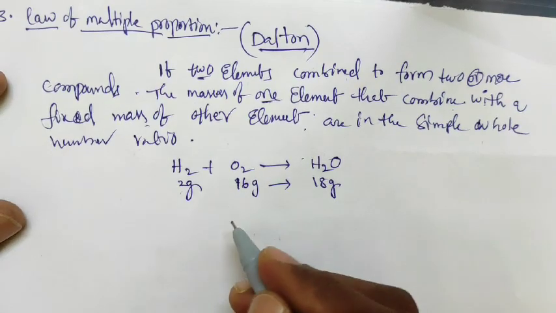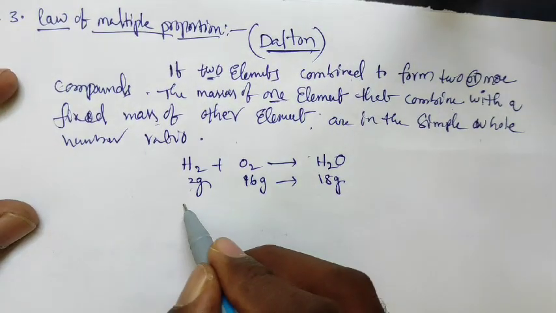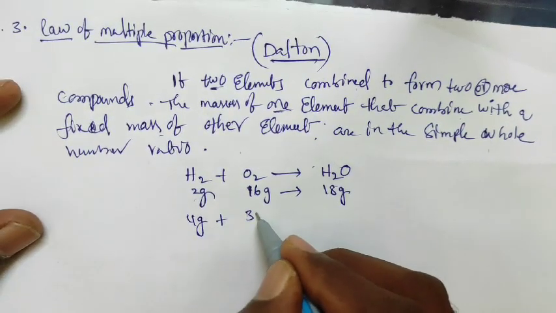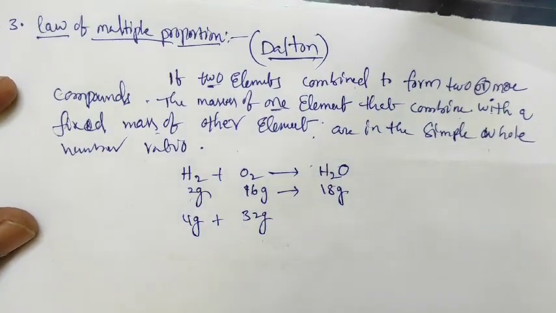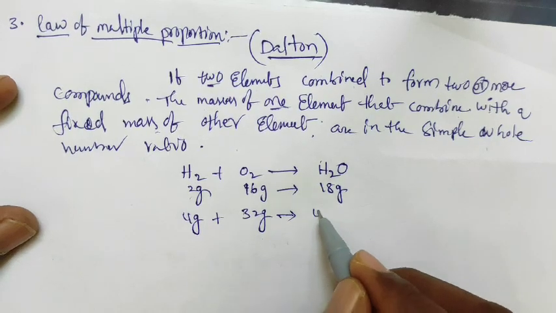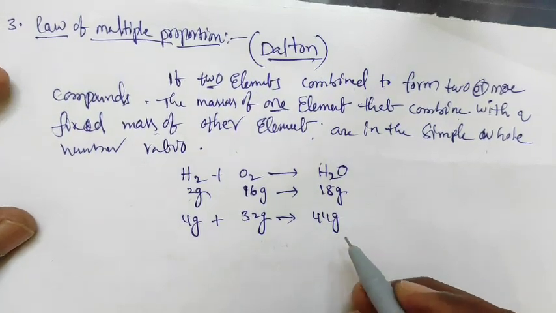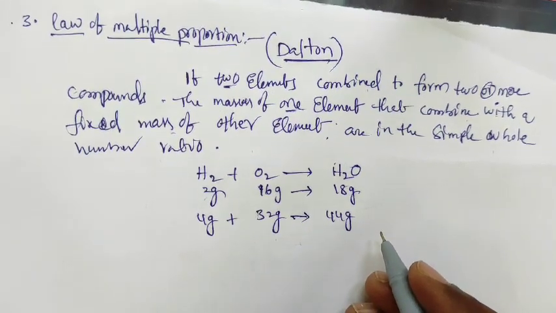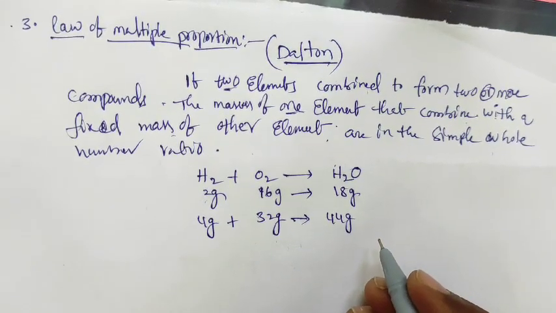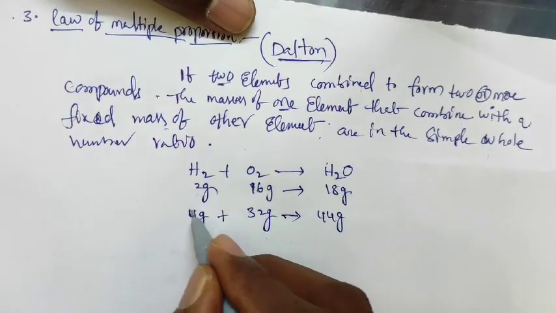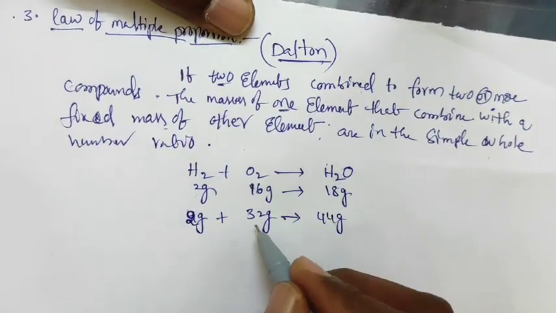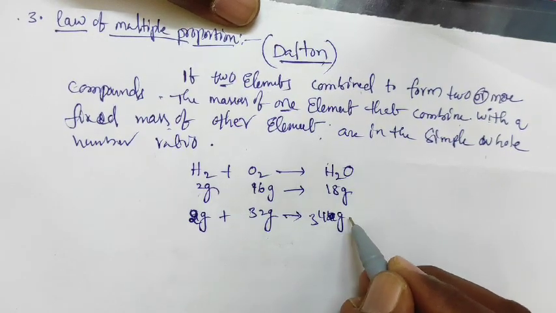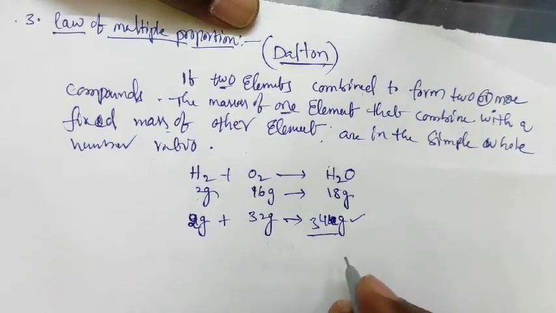Same composition: 2 grams of hydrogen combined with 32 grams of oxygen, total 34 grams of one compound will come, that is hydrogen peroxide.